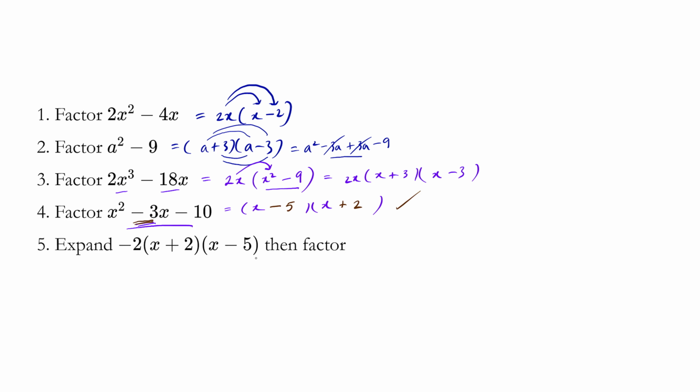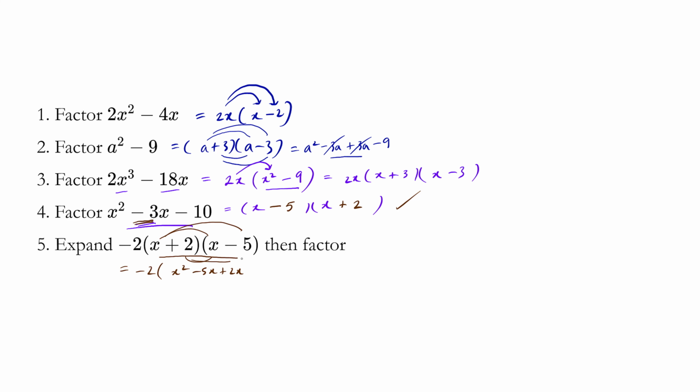Let's expand then factor. So we know that this is the answer for the factored form. So let's expand. I recommend you expand this part first, although it's not wrong to expand in a different way. X squared. First, outside. Inside is plus 2x.